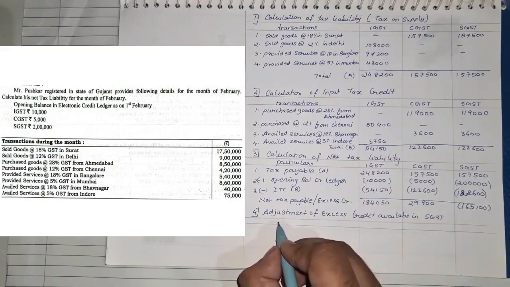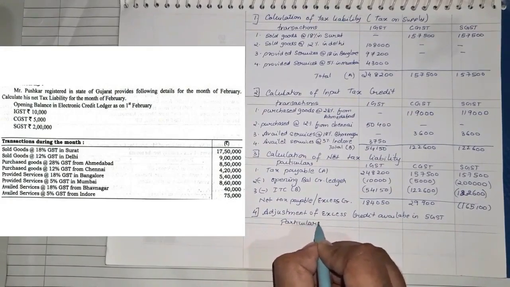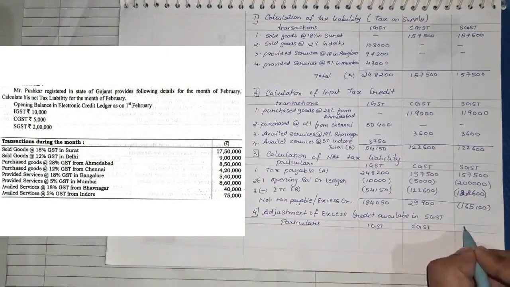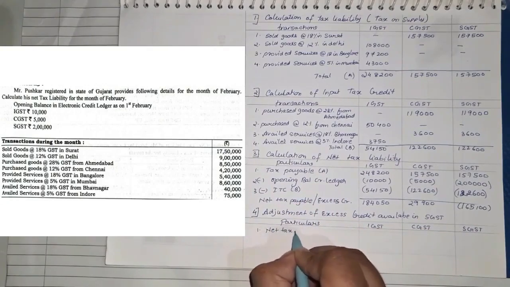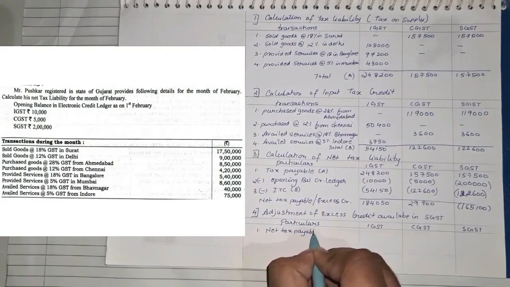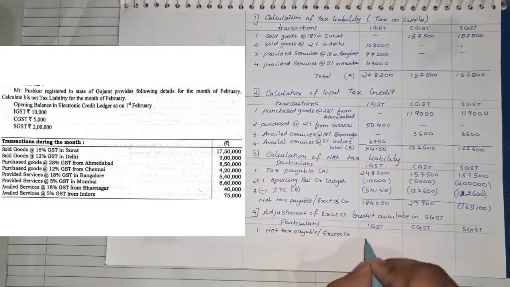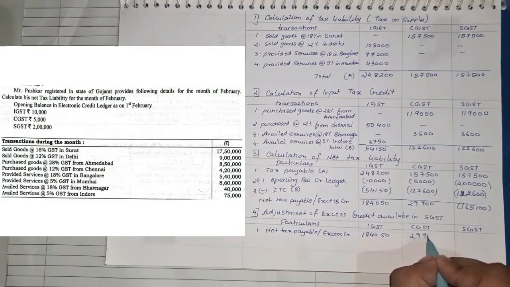Okay, so now how to do that? Again we'll have particulars: IGST, CGST and SGST. Step number 1 will be the answer that we have found, so net tax payable or excess credit. We'll just note down the final answer we had got in the last step.